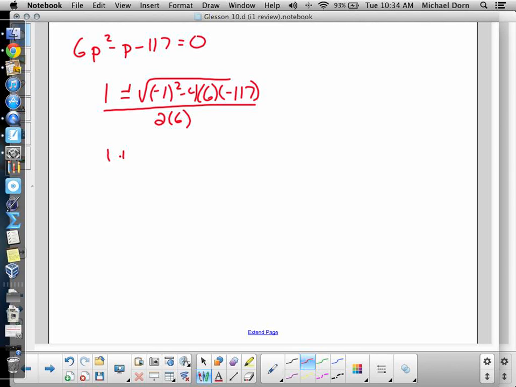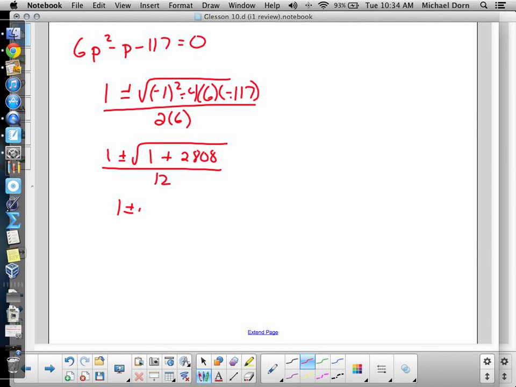So that's 1 plus or minus the square root of 1 plus 4 times 6 times 117. I don't know off the top of my head. 4 times 6 times 117 is 2808. Why is it plus? Because minus a negative turns to plus a positive over 12.